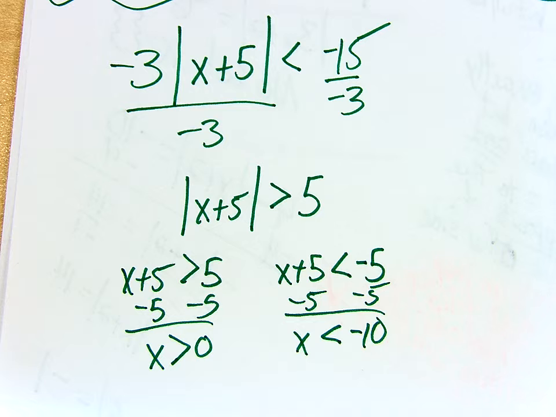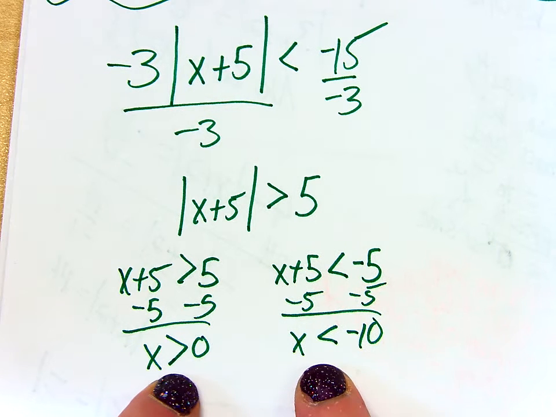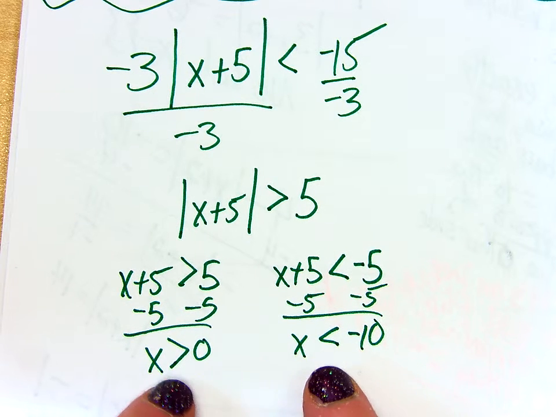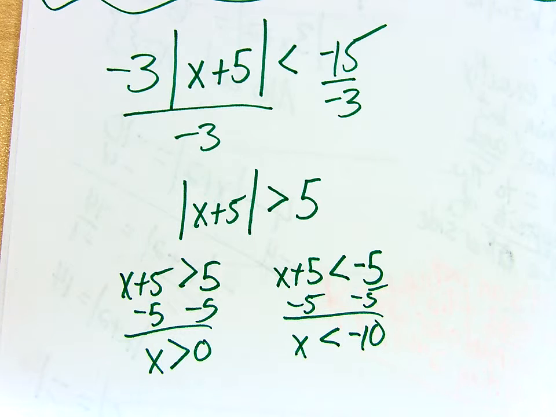Did you get what I got? Now, again, if you leave this on your answer line, you're losing points. Because you have to distinguish if it's and or. You can't just leave these two pieces dangling out there.